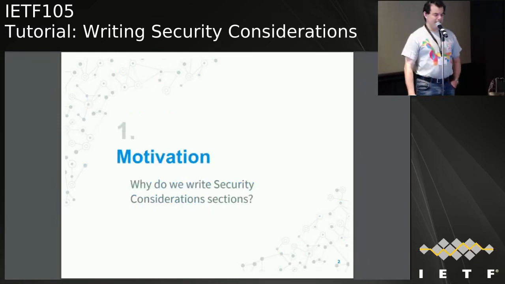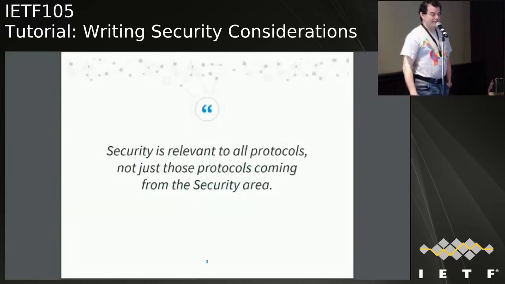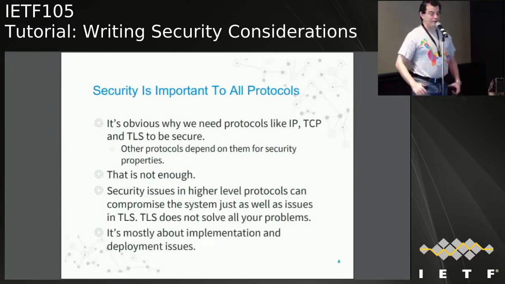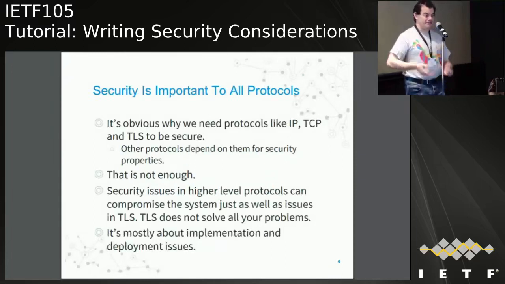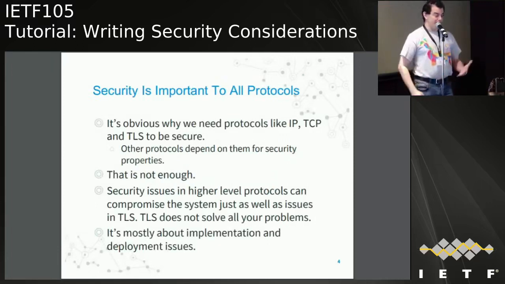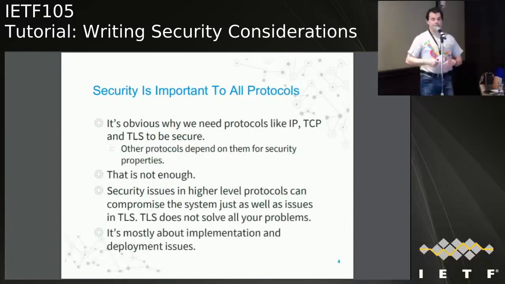Okay, so motivation. Why do we even write security considerations sections? The first thing is that security is relevant to all protocols, not just those that come out of the security area. It's obvious why we need protocols like IP, TCP, and the stuff that comes out of the security area, like TLS or IKE or IPsec, to be secure, because they're used by everyone.